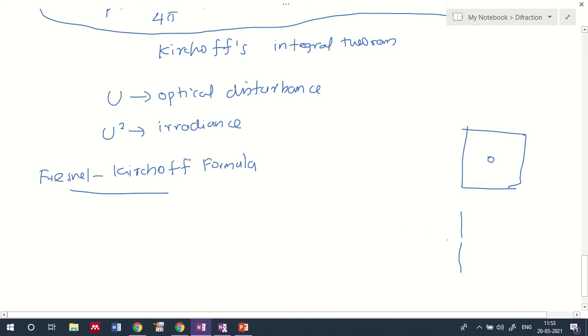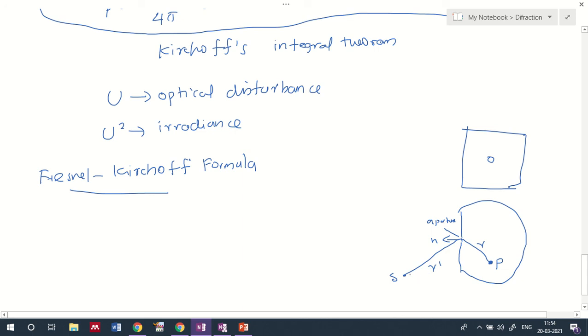For instance, I take n as the normal to this small portion, which is represented as the aperture, and we consider that this is the entire volume we have. At this point we have P. The distance of separation from the center of the aperture to P is r, and we have a source over here, with the distance from the source to the aperture represented as r dash.